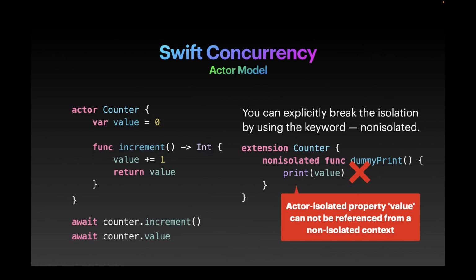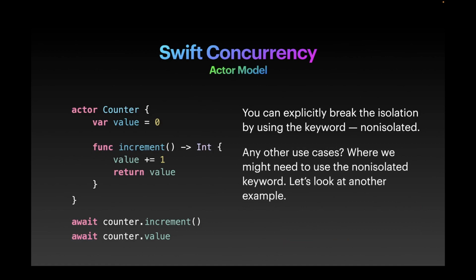In this case, the Swift compiler is smart enough to spot the problem inside your code. You are referencing a variable that is supposed to be isolated, but you marked that as nonisolated, which is not really a safe operation and it's not allowed. So it's gonna give you an error, and you won't be able to compile your project in this case.